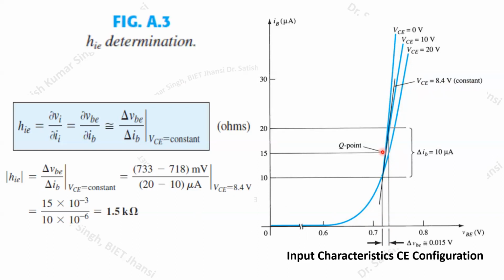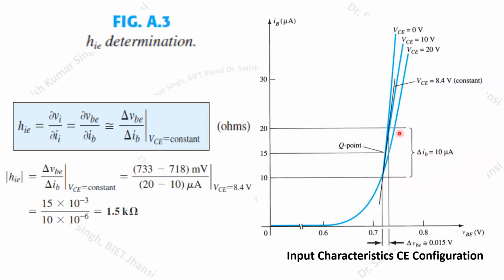From this curve, we have to locate the Q point, and first of all, choose the deviation in delta IB. Let us say IB equals 15. You take equal deviations from 15, so plus 5 microamperes and minus 5 microamperes. This gives you a total delta IB of 10 microamperes.